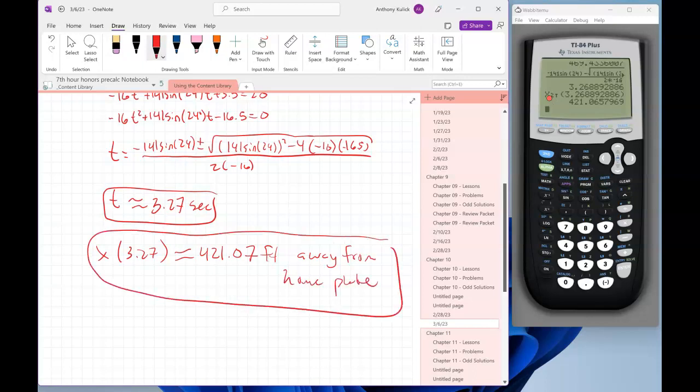So we can place that fence 421 feet away from home plate. He had 21 whole feet of clearance. That's pretty cool.